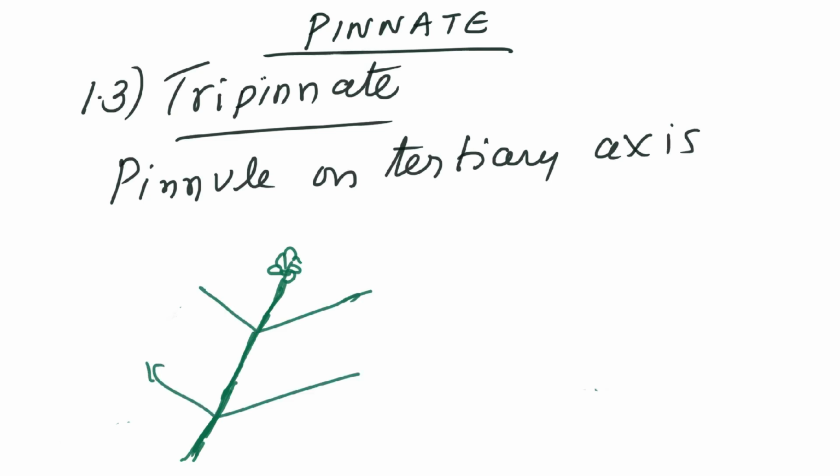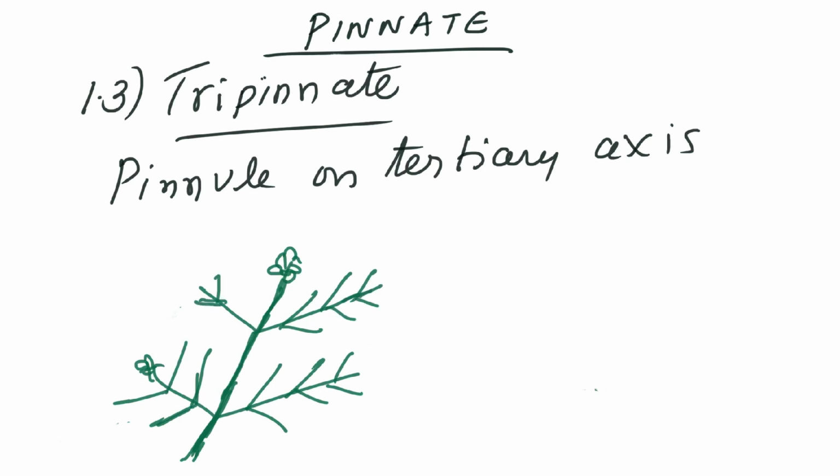So you'll be having a pinnule on the tertiary axis, as far as the tripinnate compound leaf is considered. Once again, you have the pinnules, you have the rachilla, but note the point that the axis is tertiary. And the diagram here represents a very notable, very well-known case, that's the Moringa.